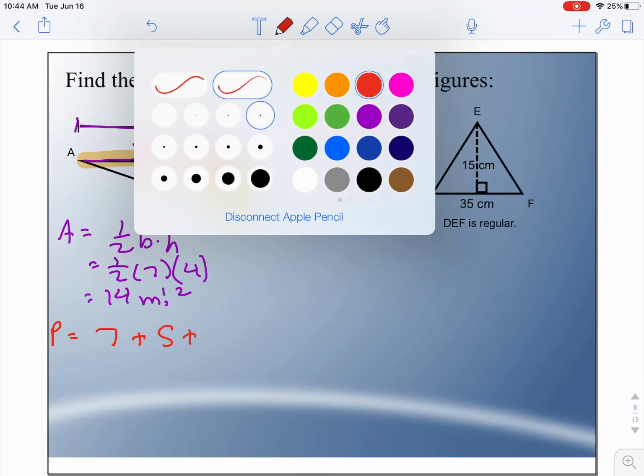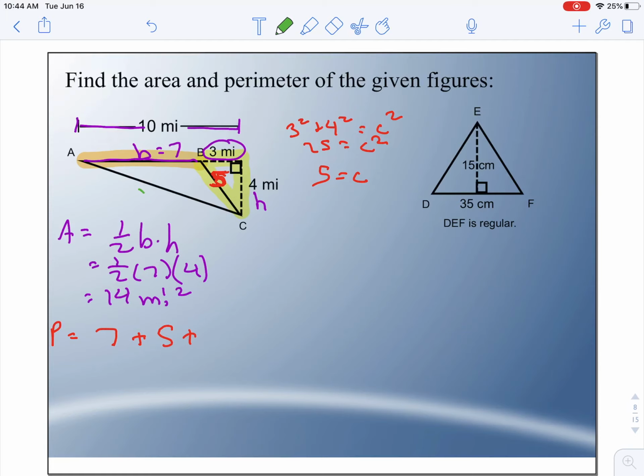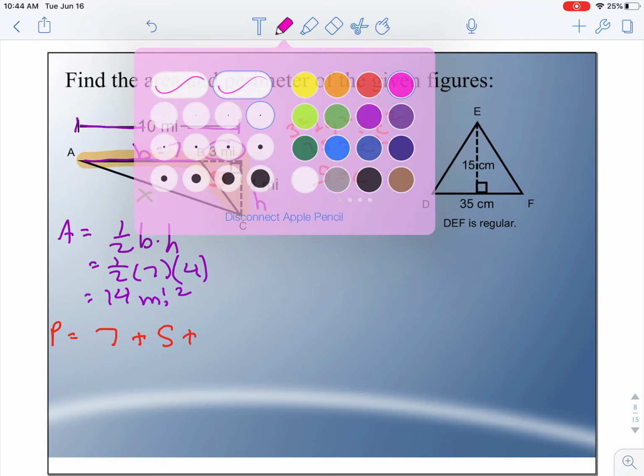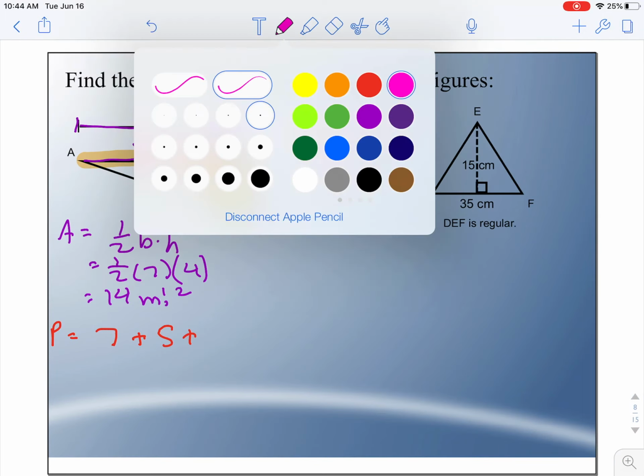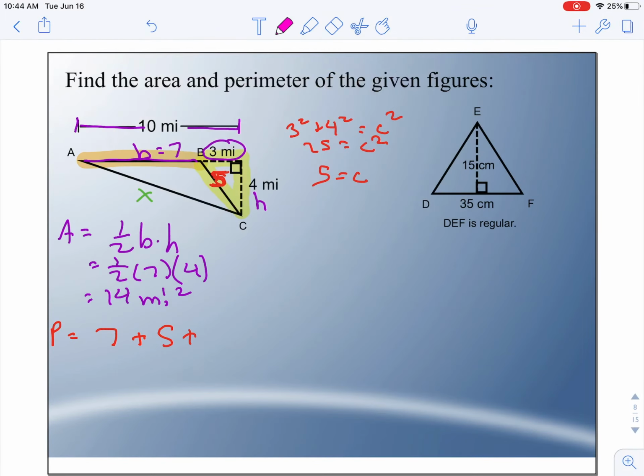So now we know 7 plus 5, but we also need to find this side right here. We'll call it X. Well, again, it's part of a larger right triangle. If I highlight it here, this is also a right triangle. So now I can also use the Pythagorean theorem: 10 squared plus 4 squared is equal to C squared.